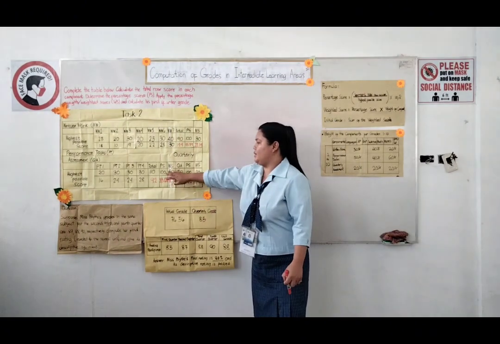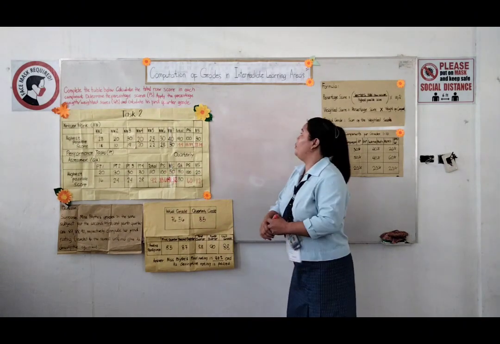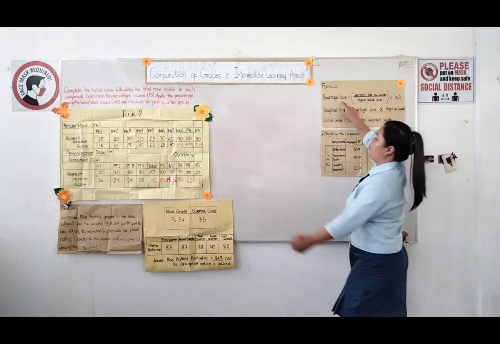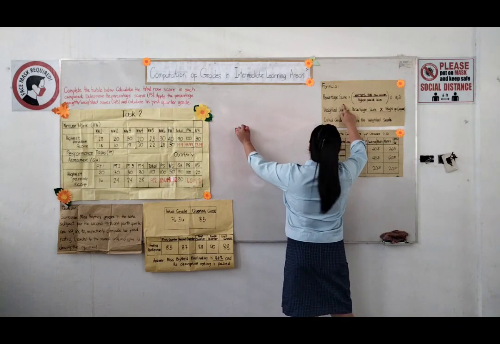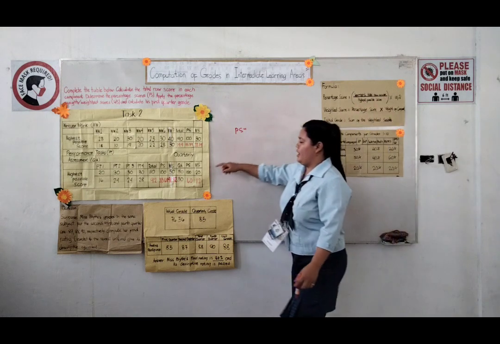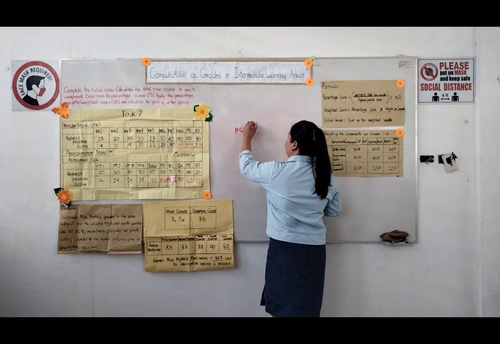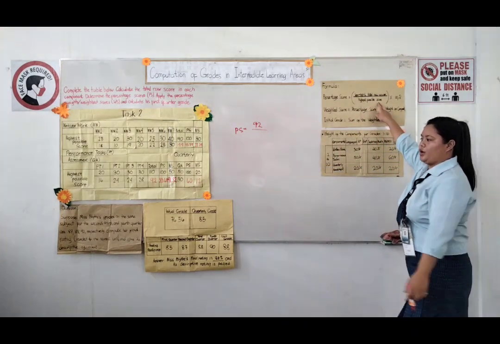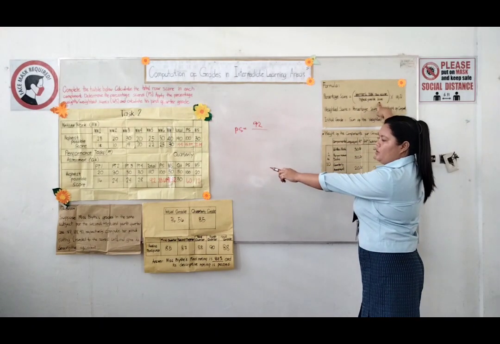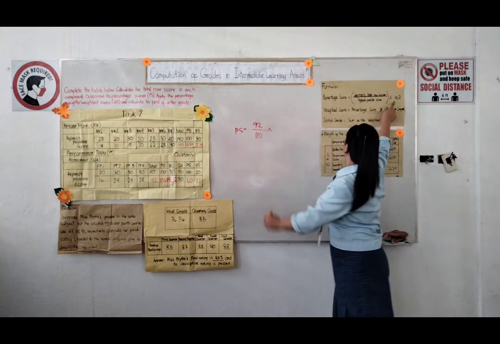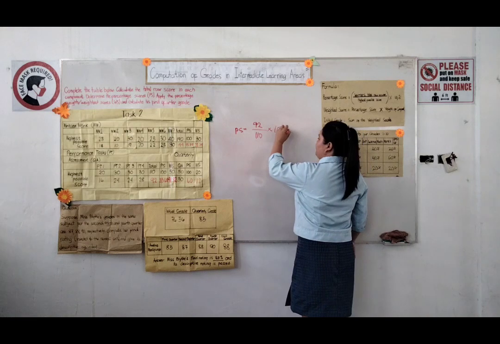In order to get the percentage score, we need to use the formula: percentage score equals learner's total raw score, which is 92, over the highest possible score, which is 110, times 100.